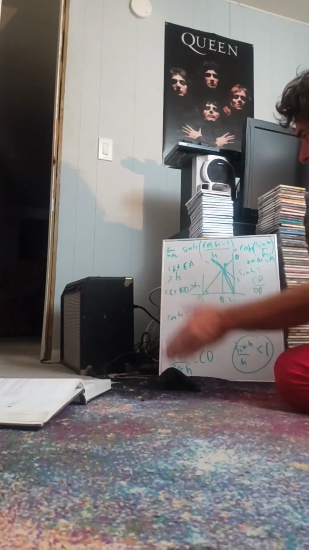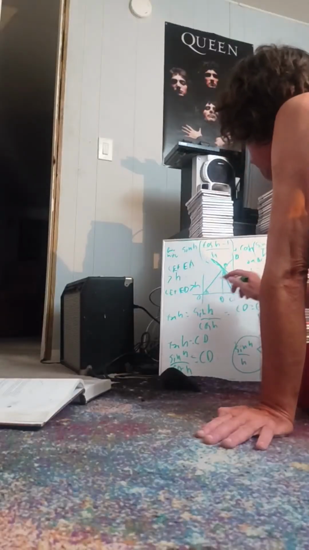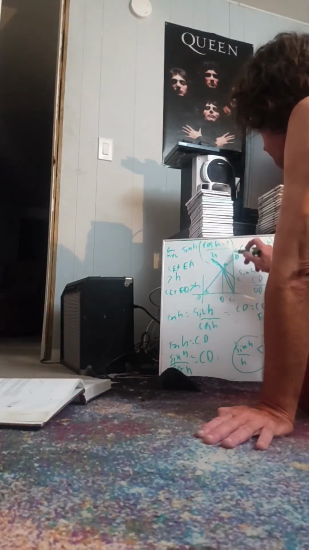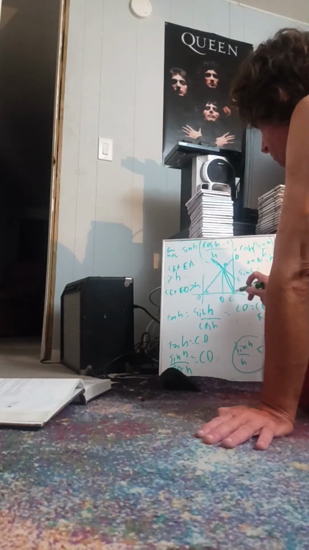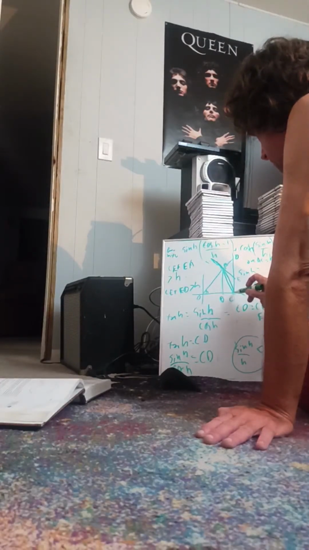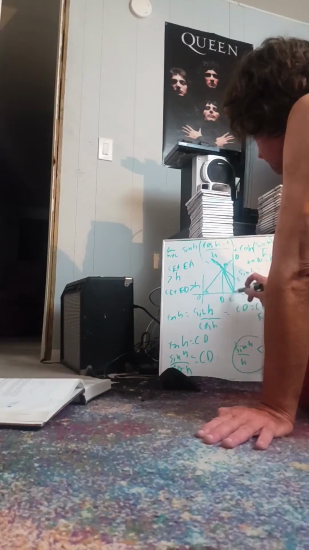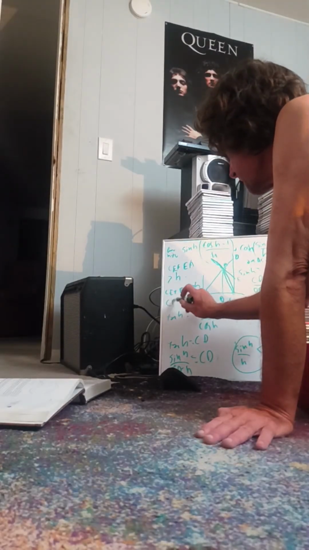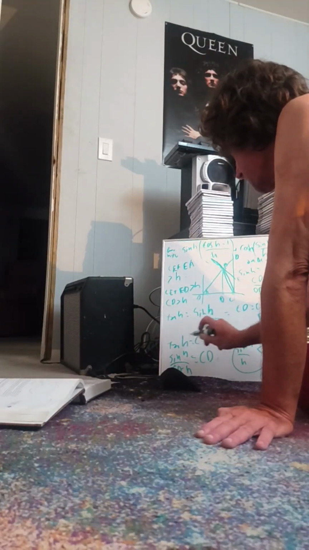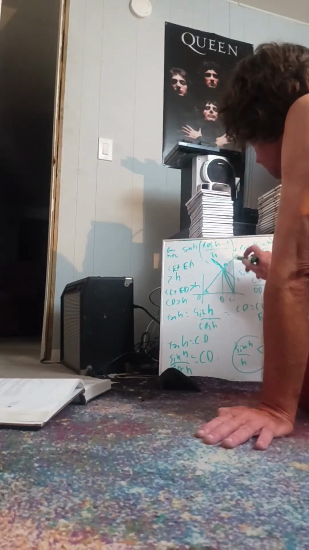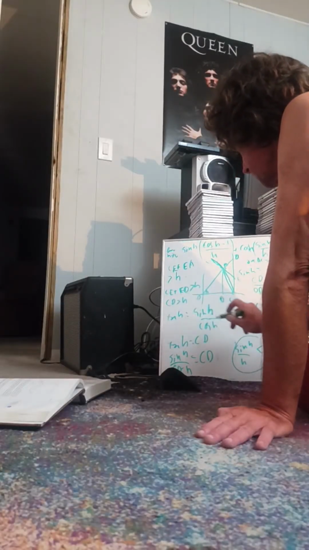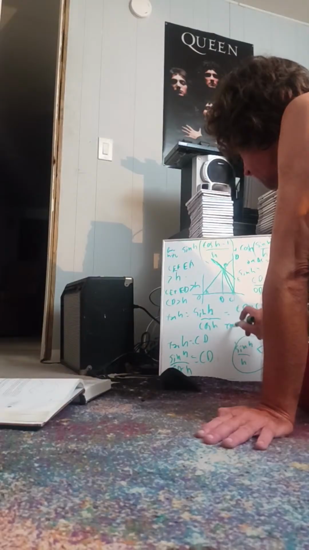So what you can do, if CE plus ED is greater than h, but CE plus ED is CD. So you have CD is greater than h, but CD is tangent h. So therefore, tangent h is greater than h.